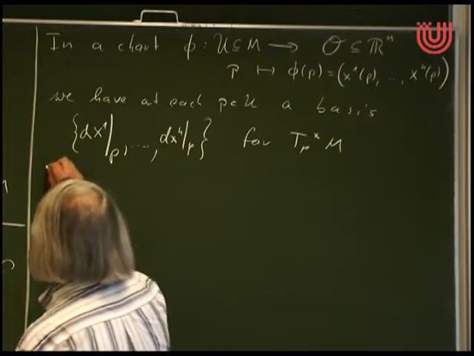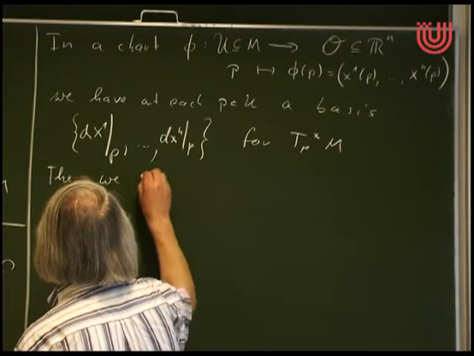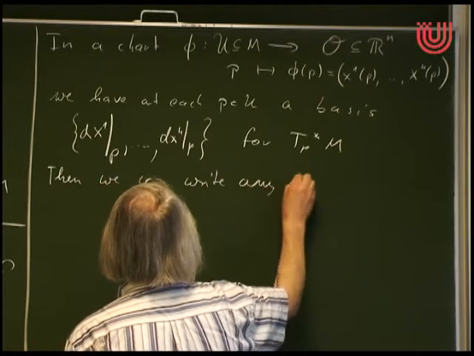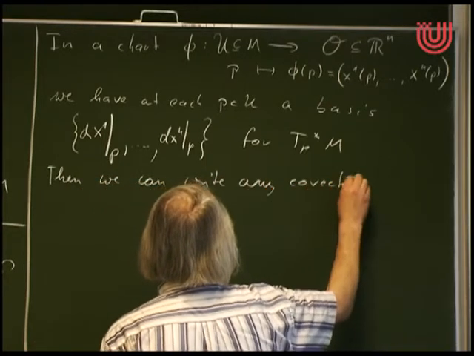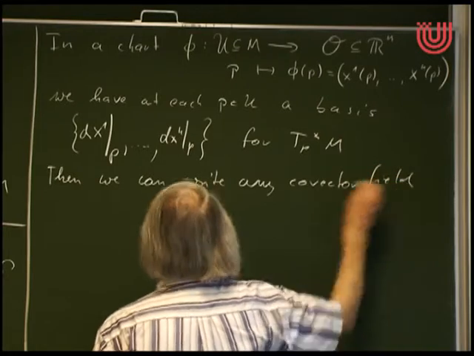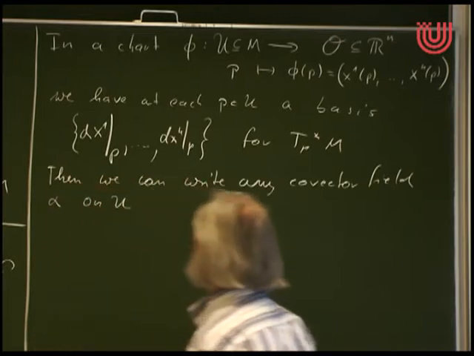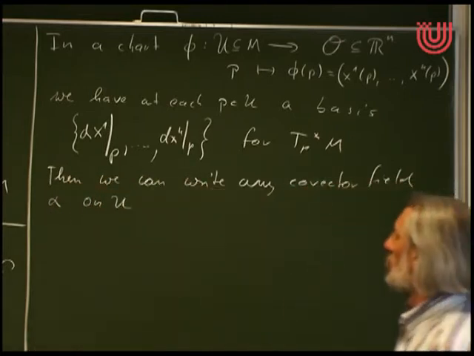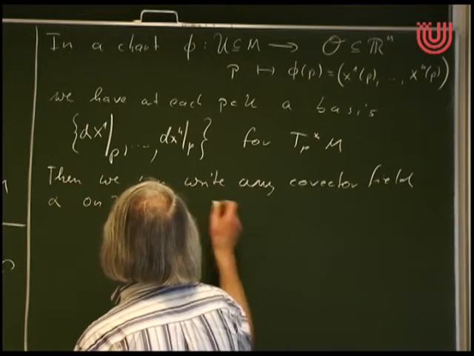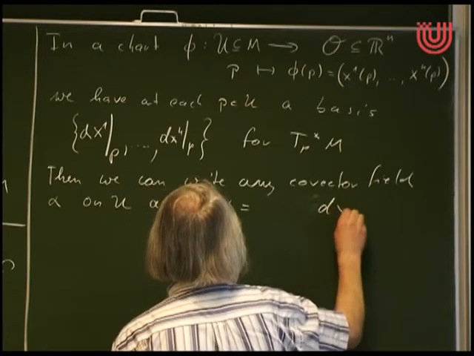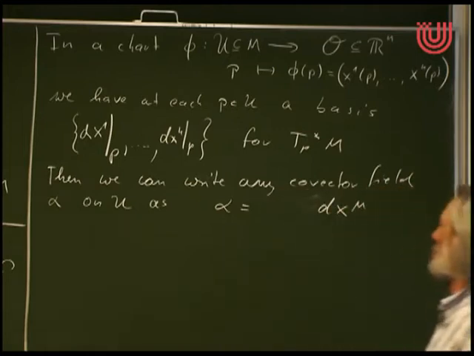And then we can write any covector field alpha, not on all of M, but at least on U, where my chart is defined, as a linear combination of these dx mu's.